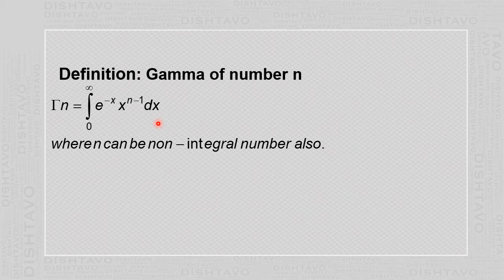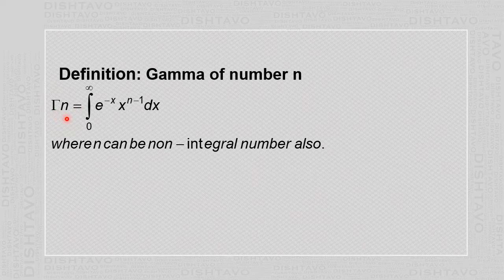But the same integral can be evaluated very easily by using the properties of this gamma of n. Sometimes there are integrals which can be transformed into this type of integral, and hence those integrals can also be evaluated by using the properties of the gamma function.